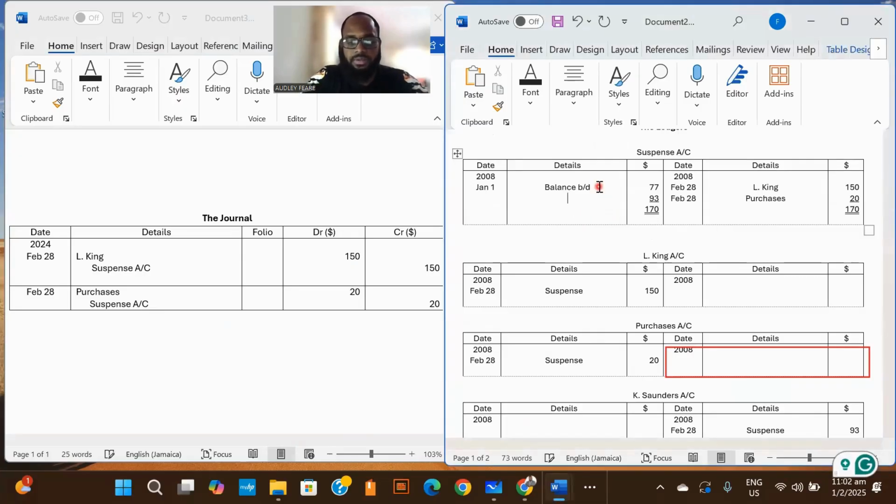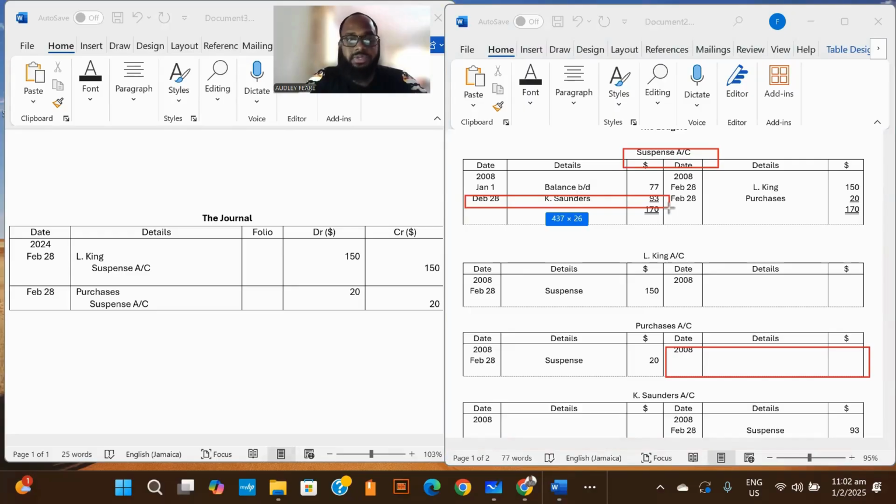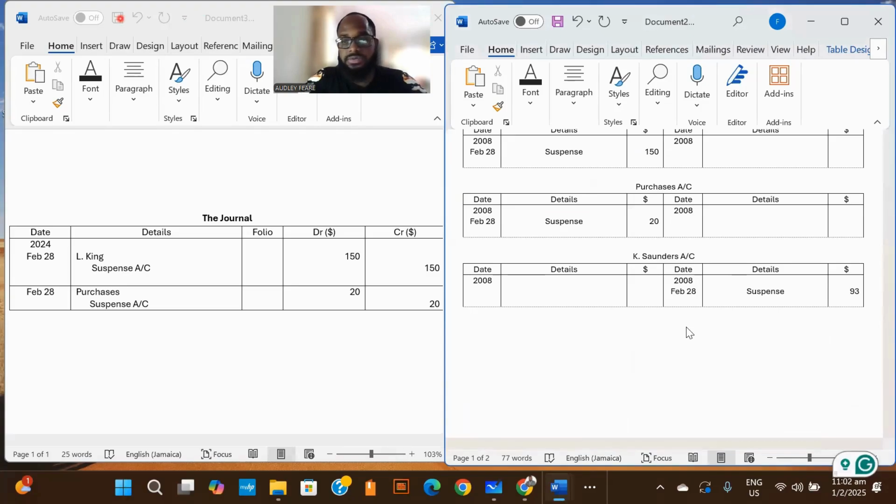I didn't fully finish. So K Saunders, right, February 28th. So in this one, the last one, in the Suspense account, we debited K Saunders, as you can see, and then we actually credited the K Saunders account.